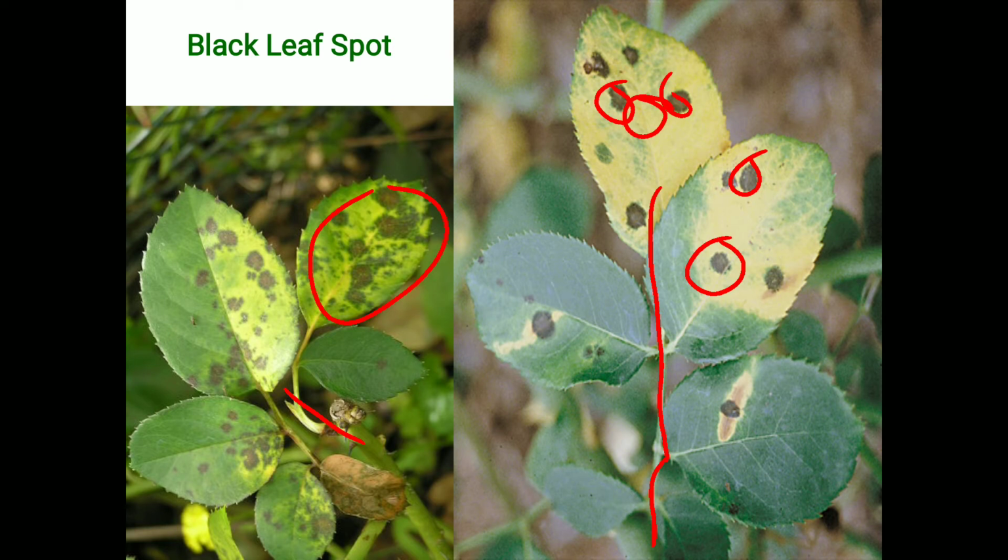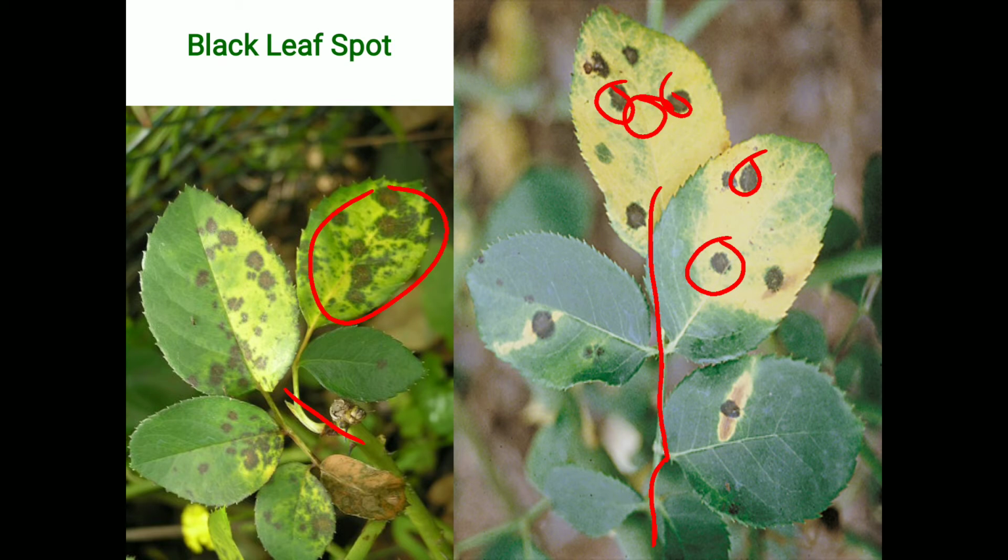Regarding perpetuation, the fungus persists or survives in the dead twigs, the leaves and the stalks of withered blooms. The secondary source of infection is the wind. Regarding control measures, pruning should be done so that the lesions on the shoots are eliminated.